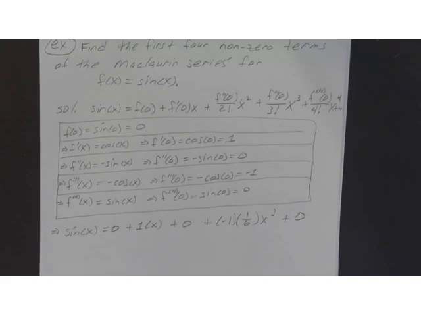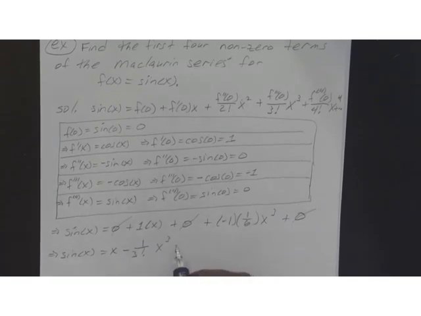Okay. But if we were looking for a pattern, we could just say that sine of x is equal to x minus, because this is just 0, that's 0, and that's 0, 1 over 3 factorial times x to the third power.